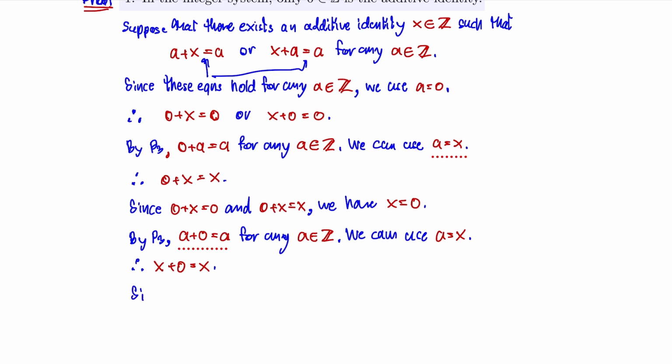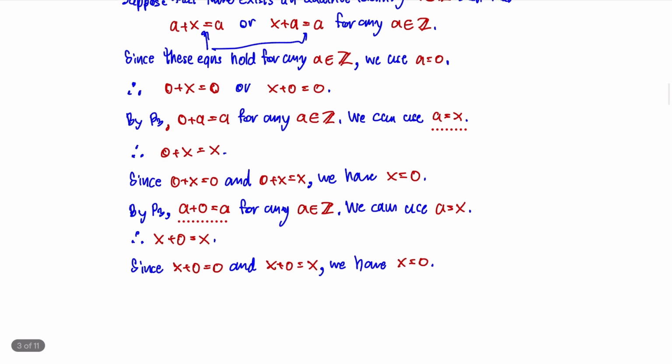And then since we have this equation, x plus 0 equals 0, and x plus 0 equals x, what do we have? We gotta have x equals 0.